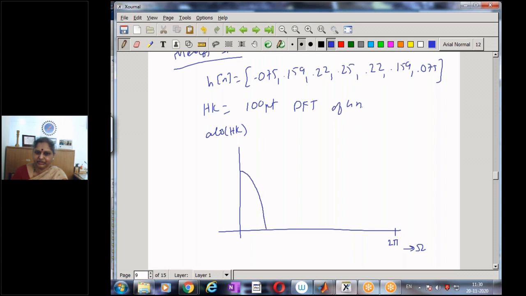So now I have my designed filter's response in this manner, whereas my actual filter specifications were somewhere like this. This is my designed filter frequency response.